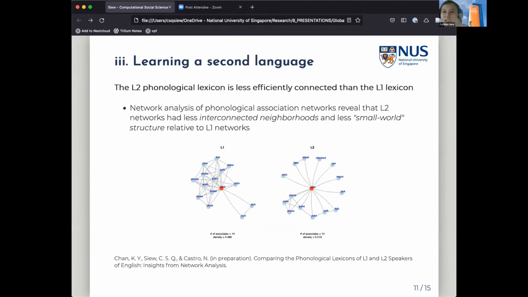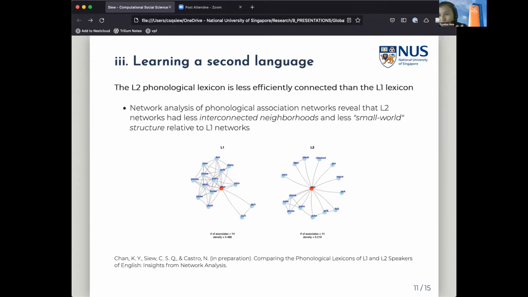Example number 3 is that we can also make use of network analysis to model how second language learners are representing phonological information of the language and the words that they're trying to learn in their minds. This is a collaboration with Vivian and Nicole. What we did was ask learners to provide words that sound similar to a given cue word.